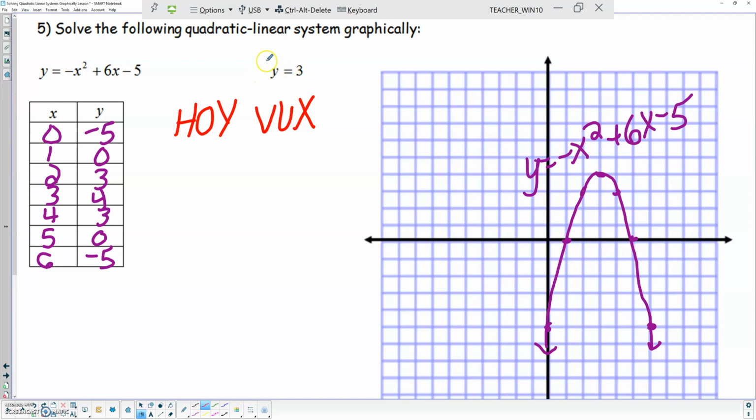So since this equation begins with y equals, it's a horizontal line. So y equals 3 is going to be this horizontal line that intersects the y-axis at 3. Okay, so for this system, again, we have 2 solutions. So our solutions are 2, 3, and 4, 3.